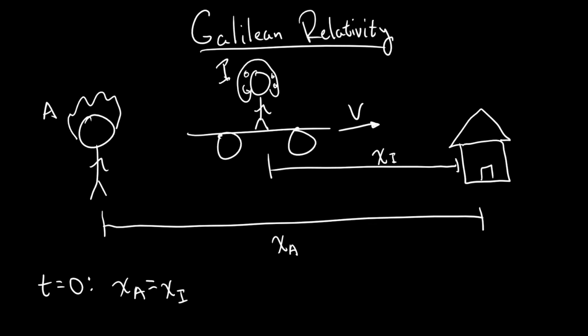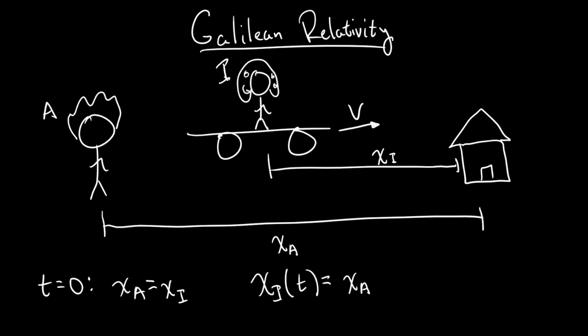So we can actually write, in general, Isaac's distance that he measures in terms of the distance that Albert measures. Well, Albert's staying the same distance away, so his is just going to be some constant that he measures.